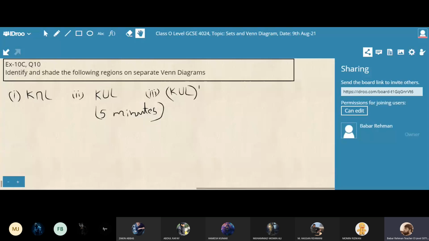Okay, students, are you ready now? So this was the question. Now, please open the book, exercise 14C. We have done 14C. There is a big question given in your book, exercise 14C.